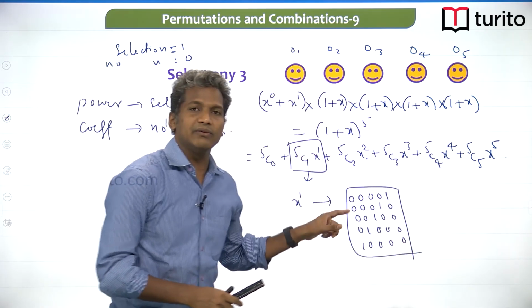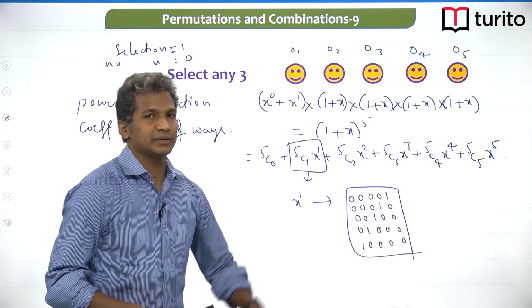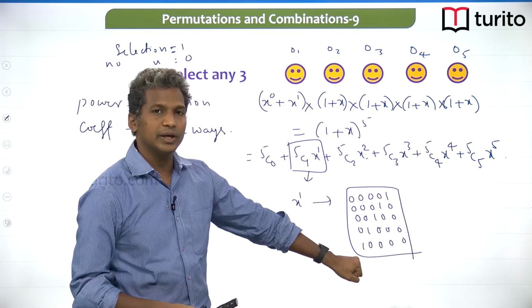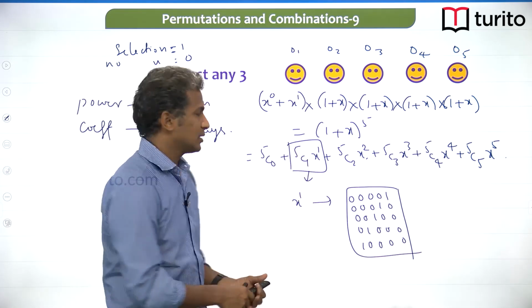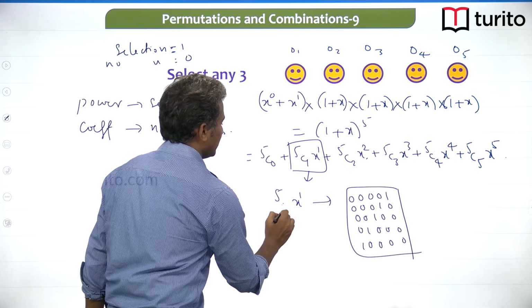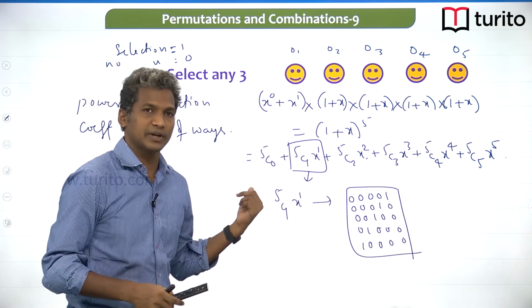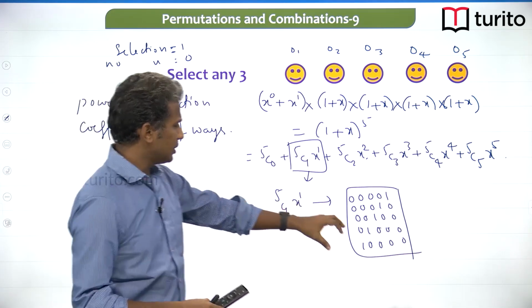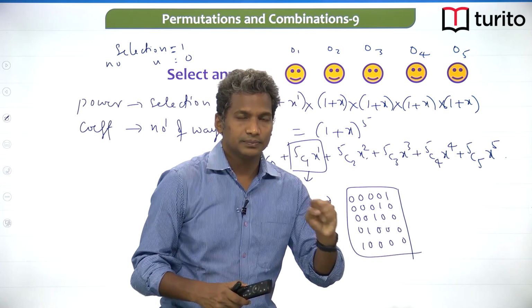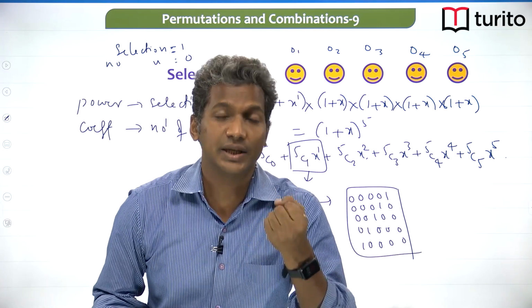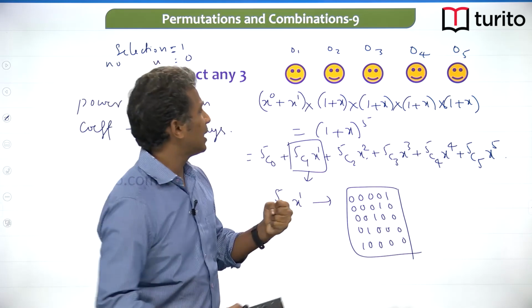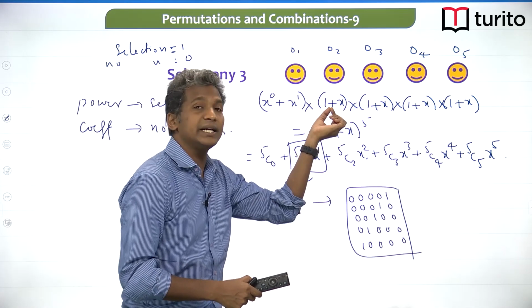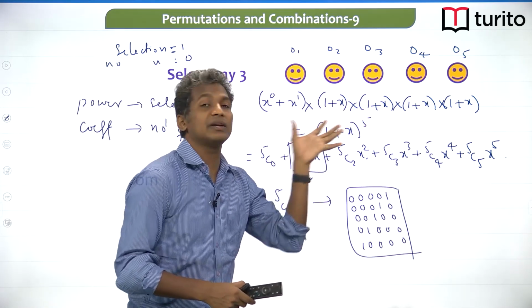So in these many ways I can select any one object. How many ways are coming in total? 5 ways, hence 5C1 here. The number of ways of selection is nothing but the number of ways of collecting only one x from these 5 factors.